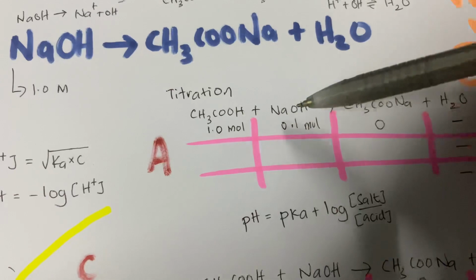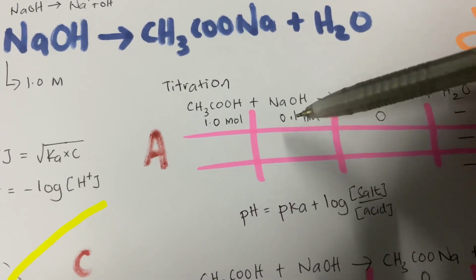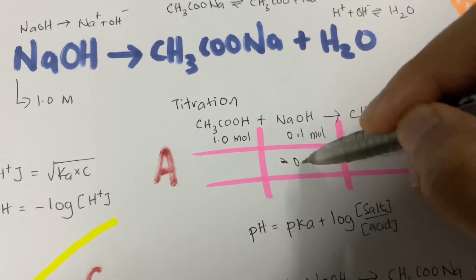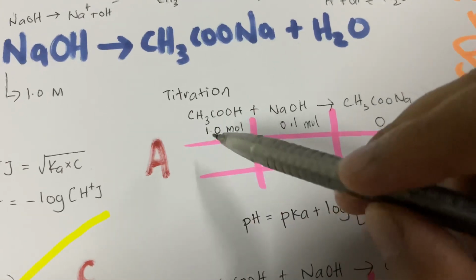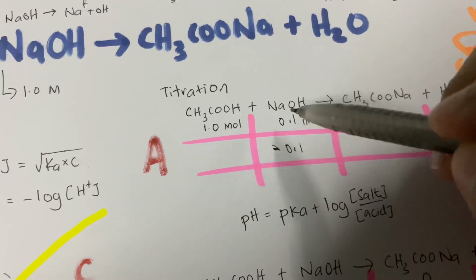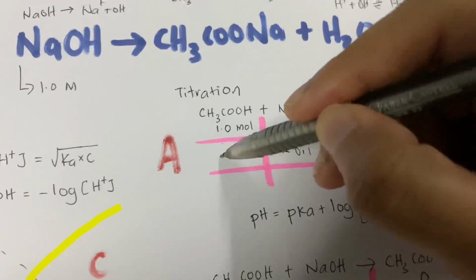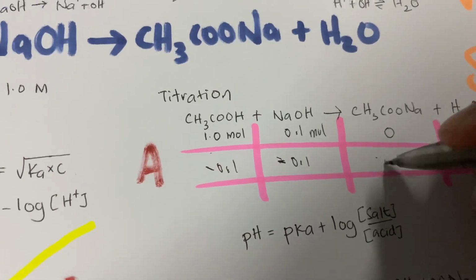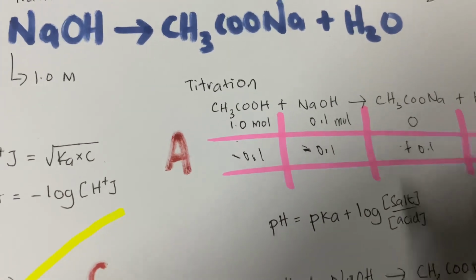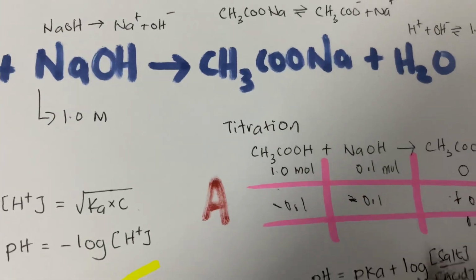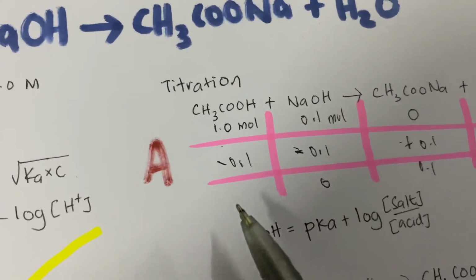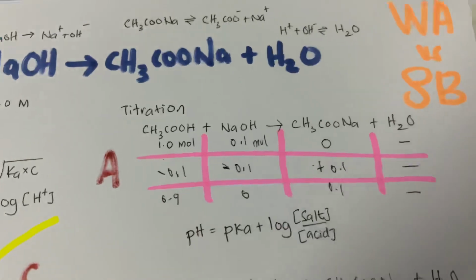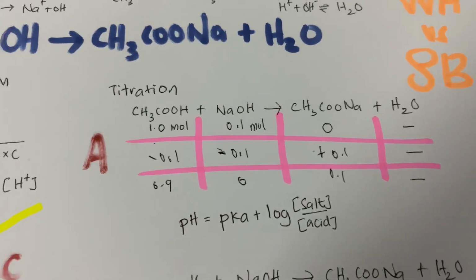So NaOH will be completely neutralized, so it becomes minus 0.1, and ethanoic acid will neutralize sodium hydroxide, so this is also minus 0.1. But for the salt, it will increase by 0.1. So the changes here are 0.1, 0, and this one will be 0.9. Okay, so that is the amount of mole after the changes.